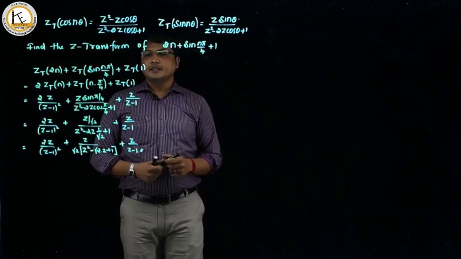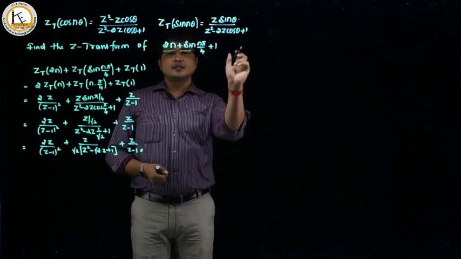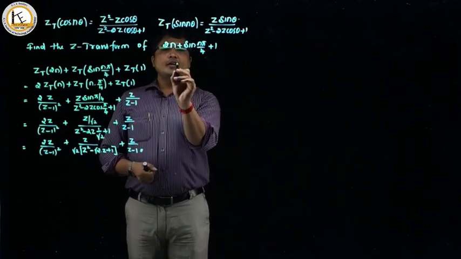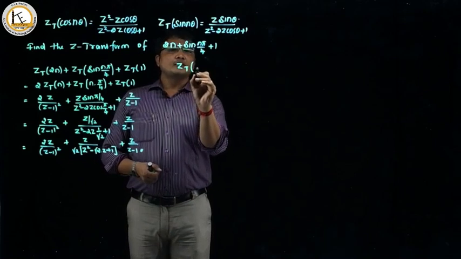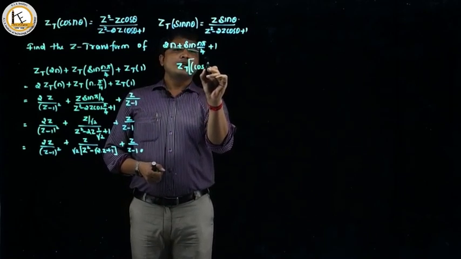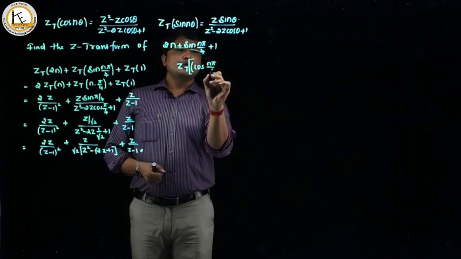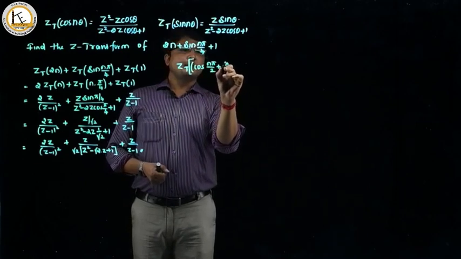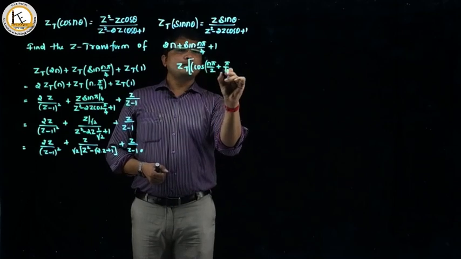Now let us take the next problem. Find the z transform of cos of n pi by 2 plus pi by 4.